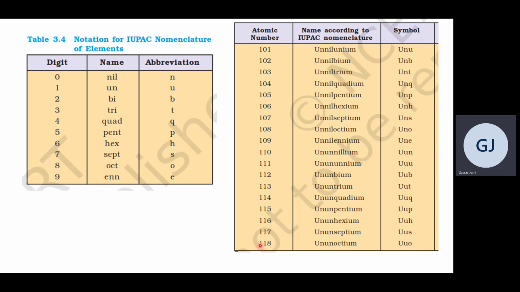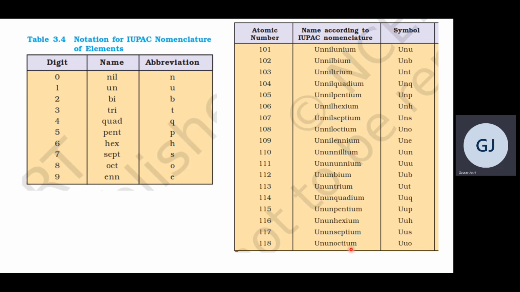For example, we have element number 118. So 1 means un, and its symbol is U. Then again 1, again un, and the abbreviation is U. Then we have 8. 8 means oct, and the abbreviation is O. So we have made the symbol UUO.